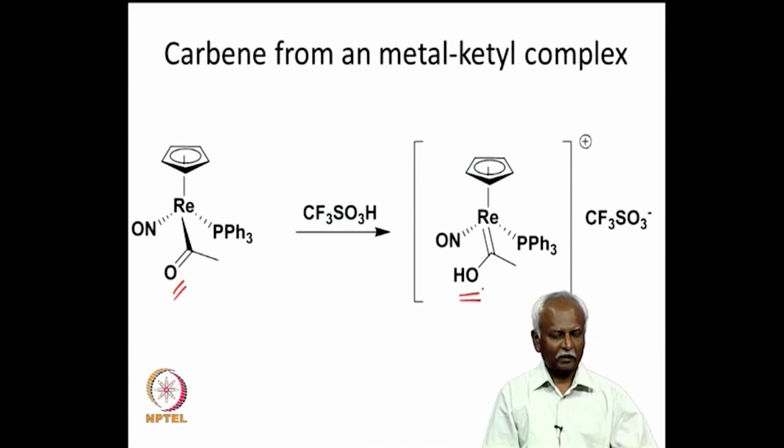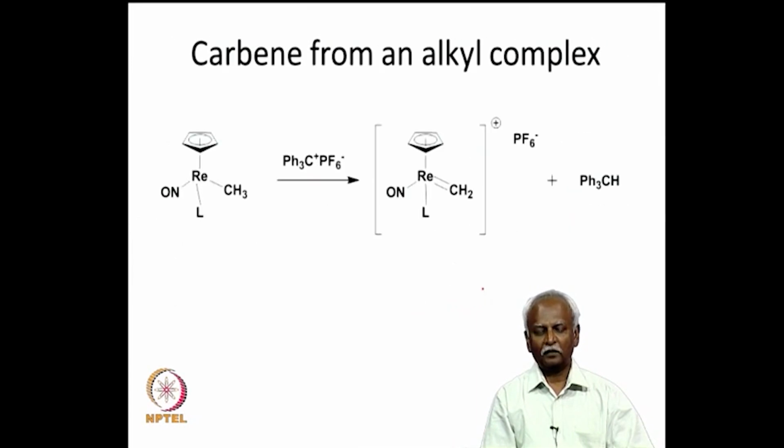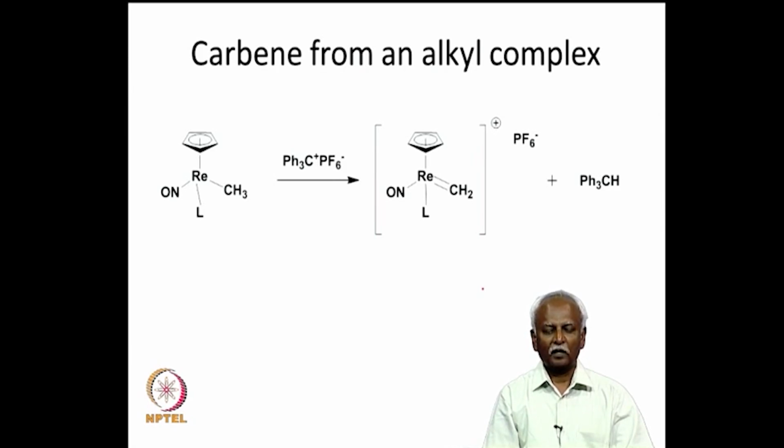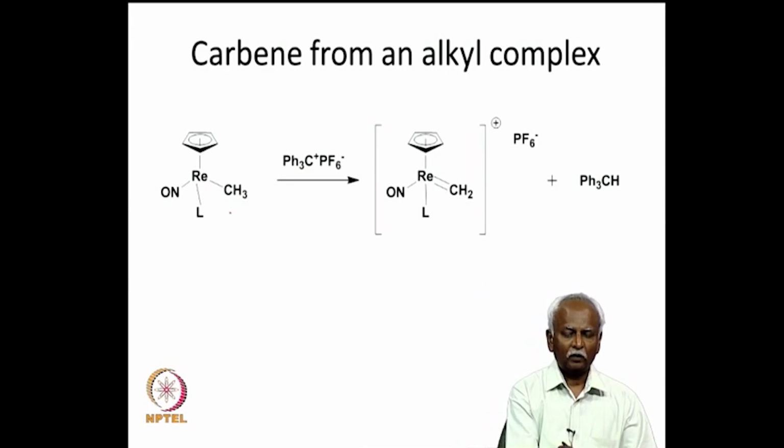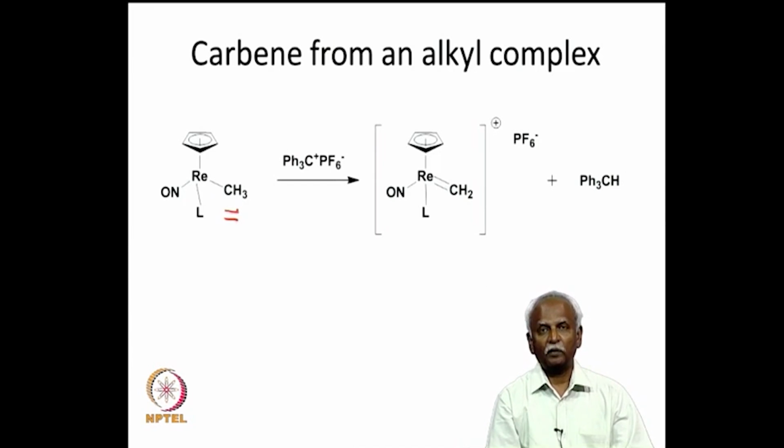So, we can also have another system where we can deprotonate using a base. In the previous instance, we used an acid to protonate and generate a carbene center. Here, we are going to take an alkyl group which is attached to rhenium, and this alkyl moiety has got a hydrogen atom on the carbon adjacent to the metal, and these hydrogens are mildly acidic.